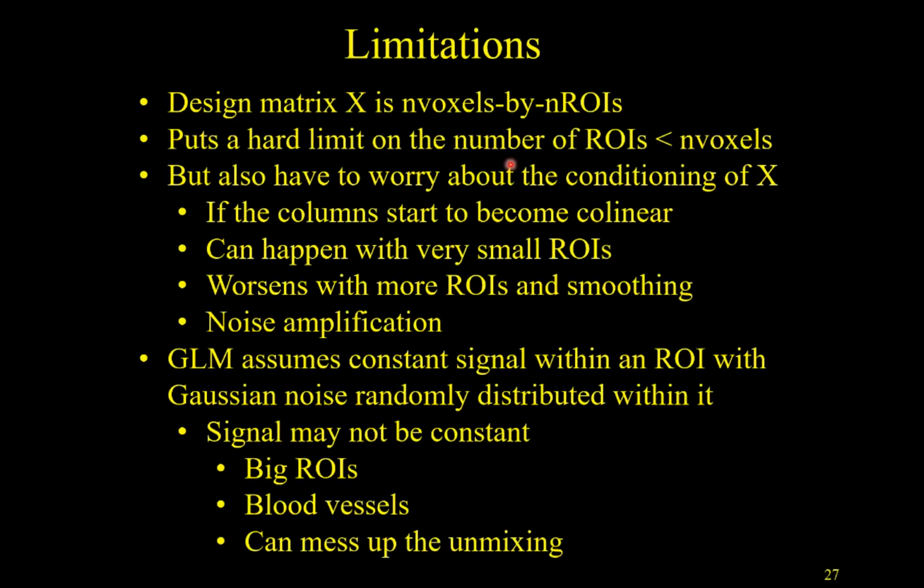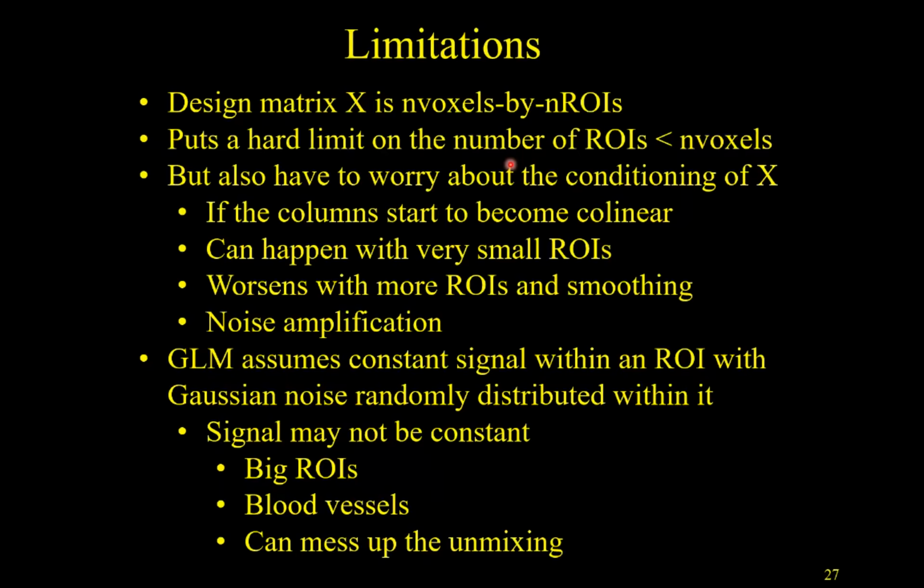But the real problem comes when you form these regressors. If you have a GLM, once the regressors start becoming collinear, then the conditioning of the GLM becomes very poor. And so when you try to invert an ill-conditioned general linear model, an ill-conditioned design matrix, you start getting into noise amplification.